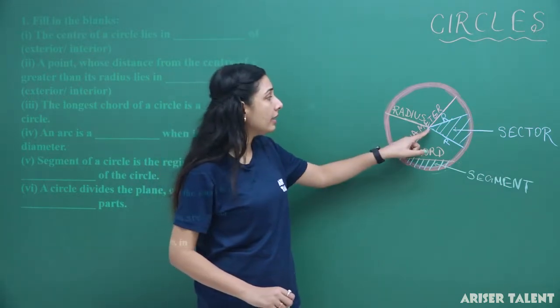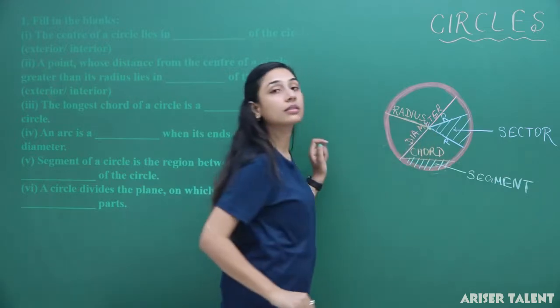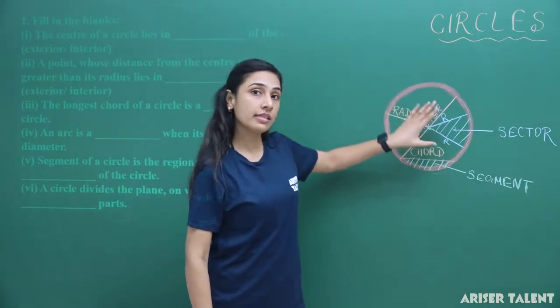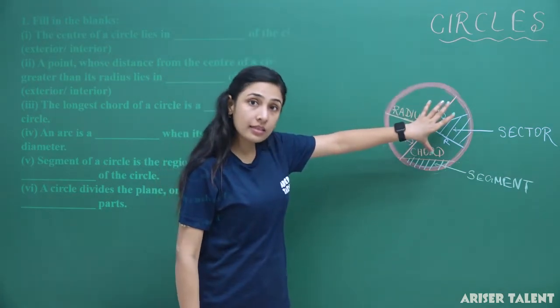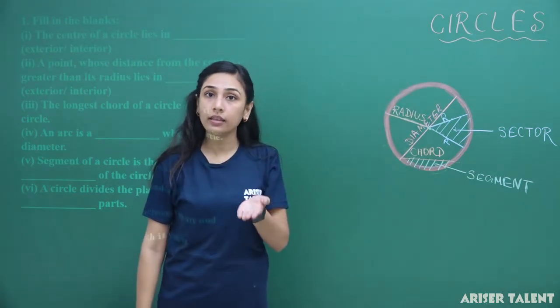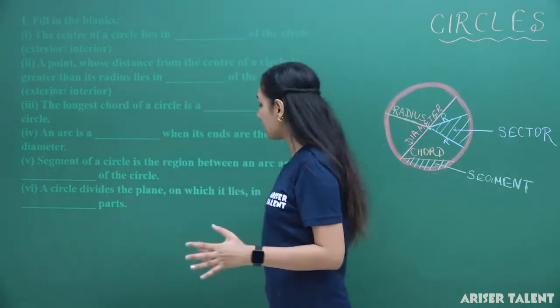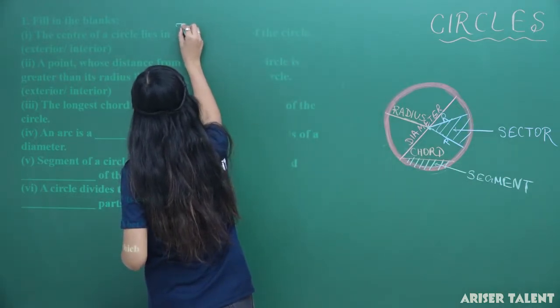Where is the center? Here is the center. If this is the center, this is the circle, so inside of the circle is this. That means the circle's center will always lie in the interior of the circle, never in the exterior. So we'll fill up that blank with interior.